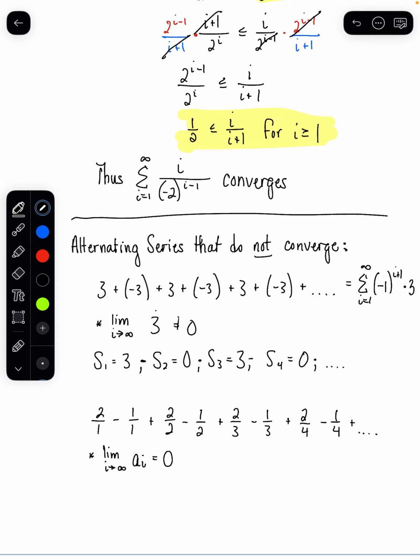because, as we can see, the values of the terms, if we ignore their positive and negative signs, are getting smaller as we go.